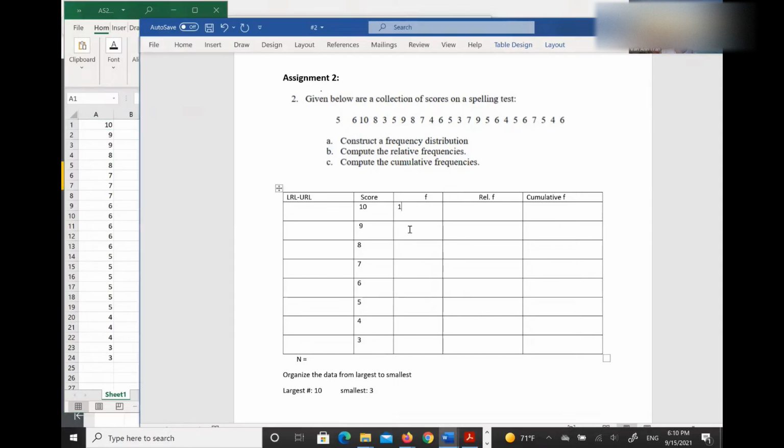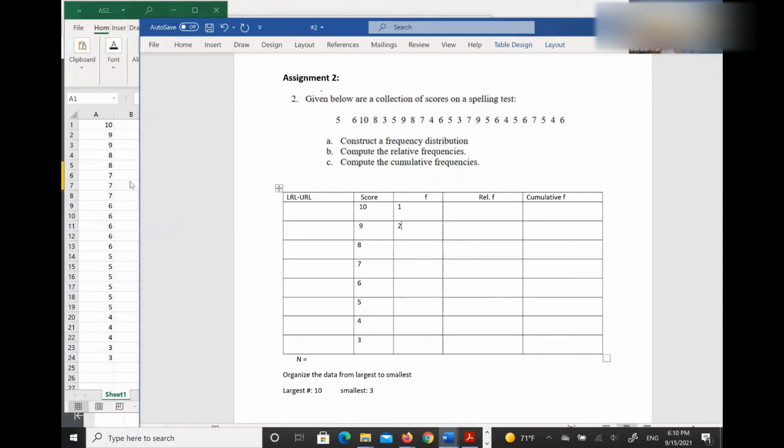What is the frequency of 9, everyone, of the score 9? How many times does 9 appear in the list? Good, it's 2, right?